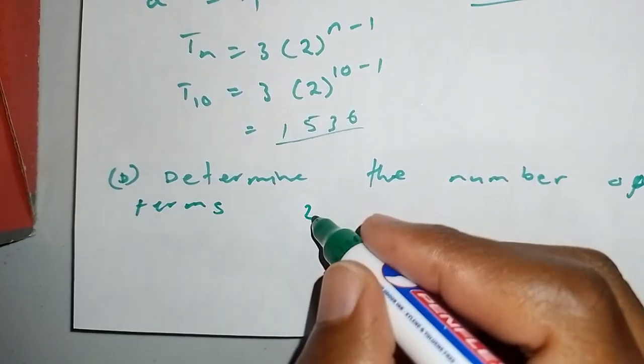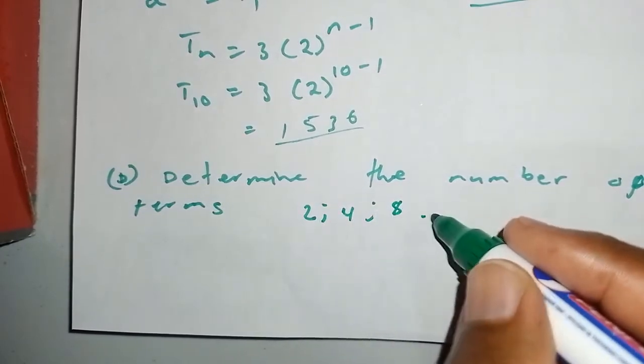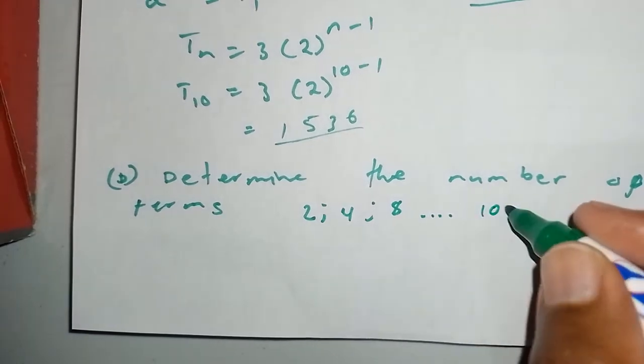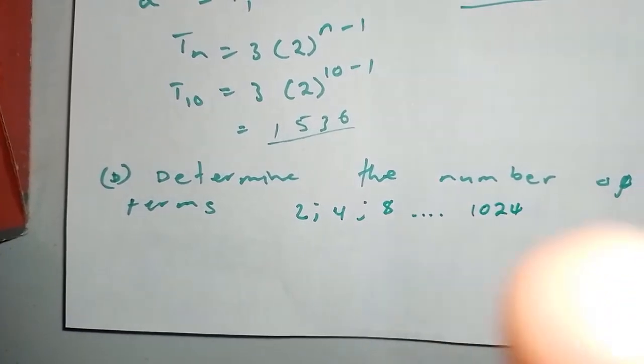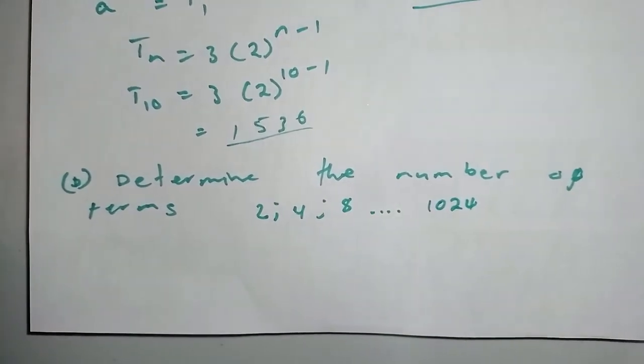If you are given 2, 4, 8, up to 1024. They say determine the number of terms in this sequence. How are you going to determine the number of terms in this sequence?